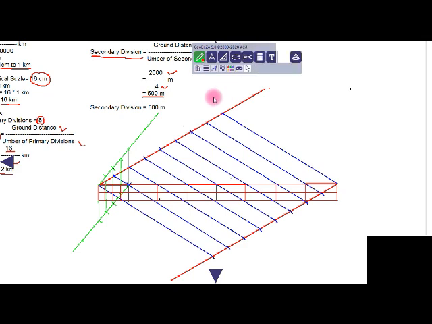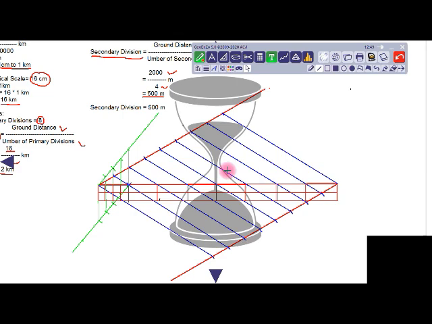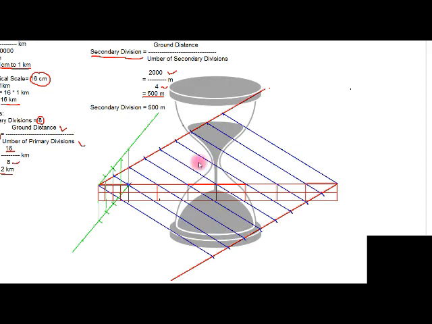Now the very last task remains, and that is just to label it. This diagram needs to be labeled. Okay, and those labels are nothing but the numbers.